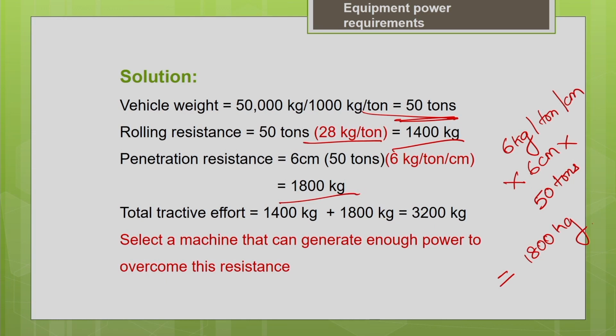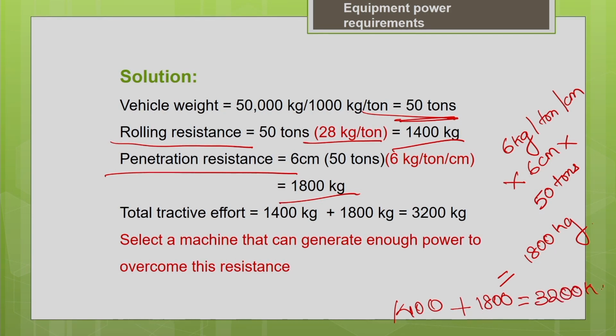Now, you can find the total resistance, that is nothing but adding your total rolling resistance and the penetration resistance. It is nothing but 1400 kg plus 1800 kg. So, that gives me the answer as 3200 kg as the total resistance. So, I need a tractive effort of at least 3200 kg to overcome this resistance in my project site.